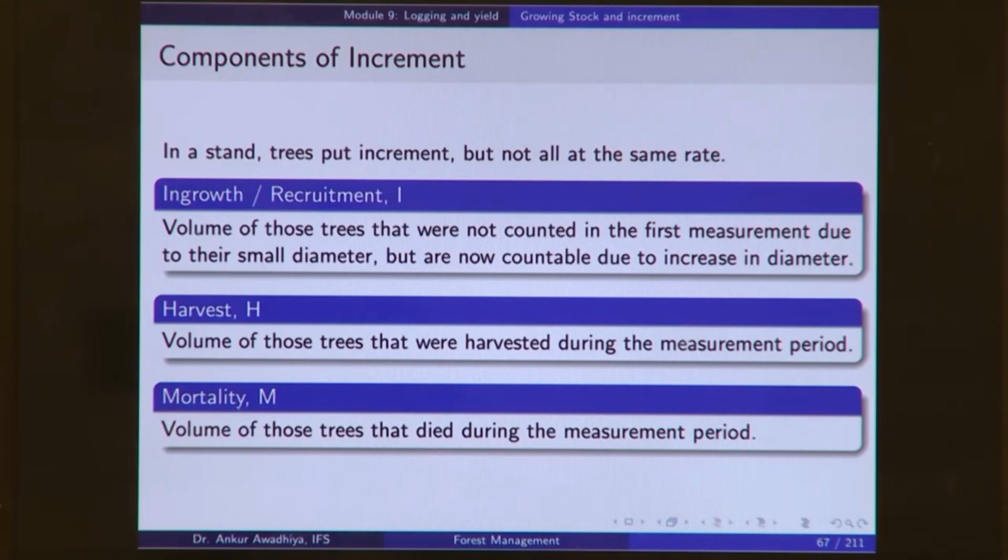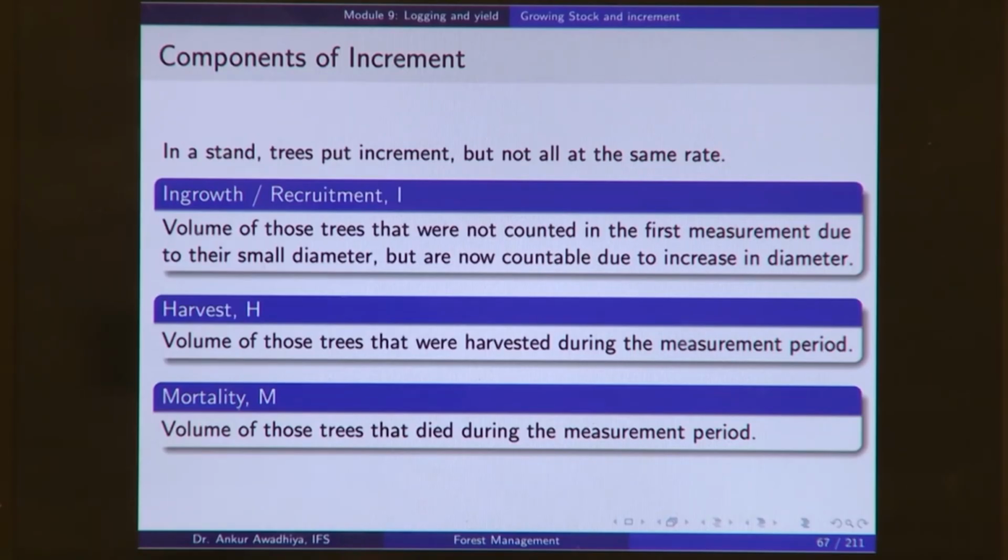The first phenomenon that is happening is ingrowth or recruitment, which we represent as I. Ingrowth is defined as the volume of those trees that were not counted in the first measurement due to their small diameter, but are now countable due to increase in diameter.